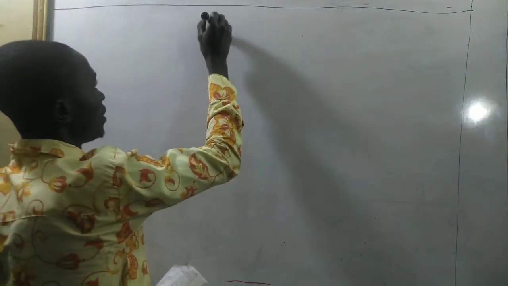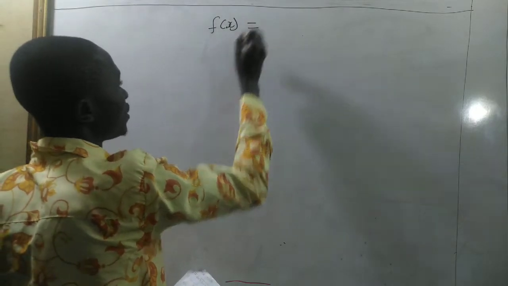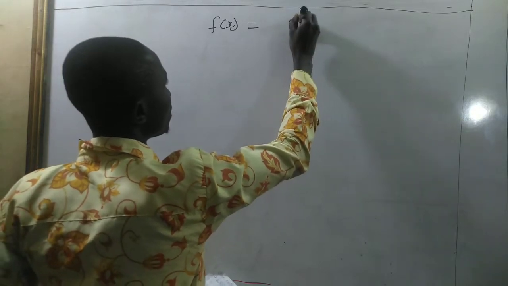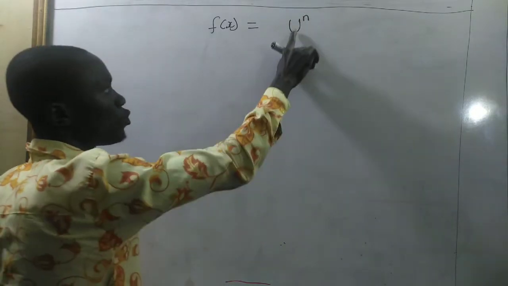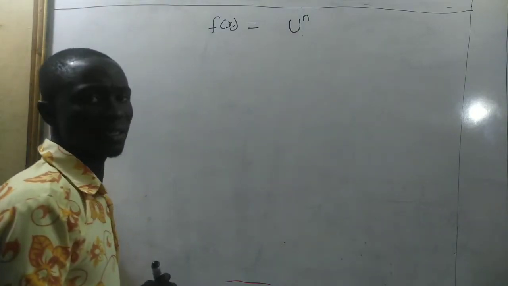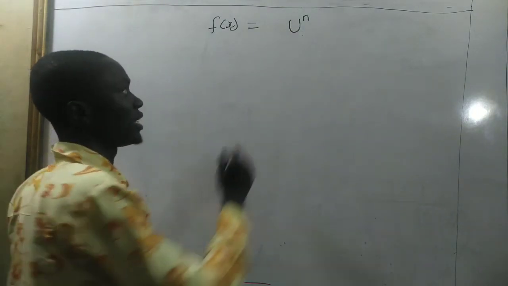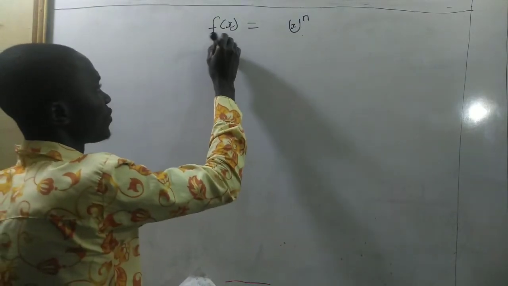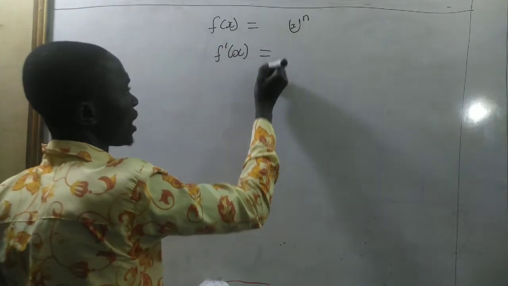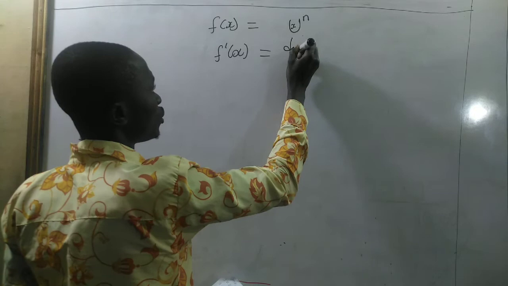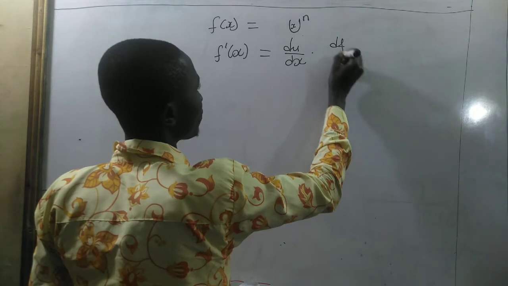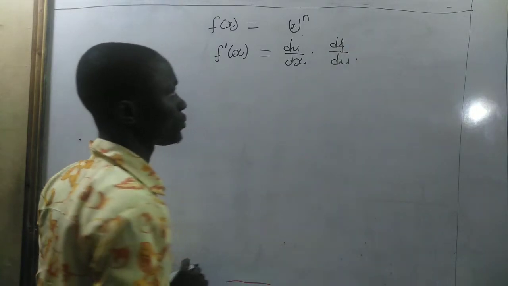Now you know that if we have f of x equal to u exponent n, where u is a function of x, meaning that this u contains x, then the derivative of f with respect to x is given by du on dx times df on du.